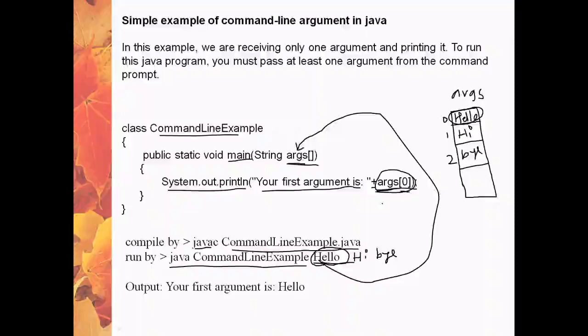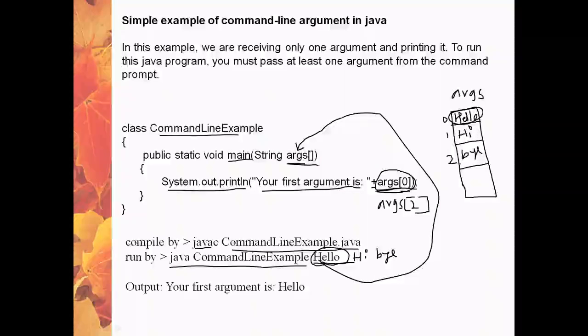Same way if I say args of 2, what will it return? Yes, it will return the value at location 2.